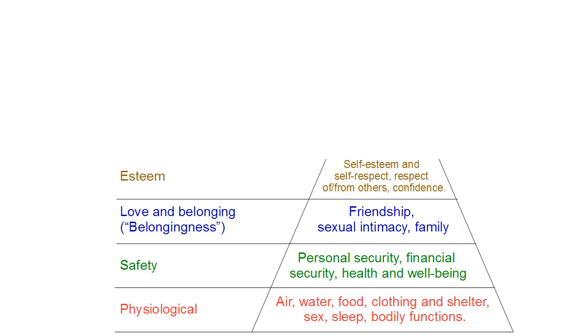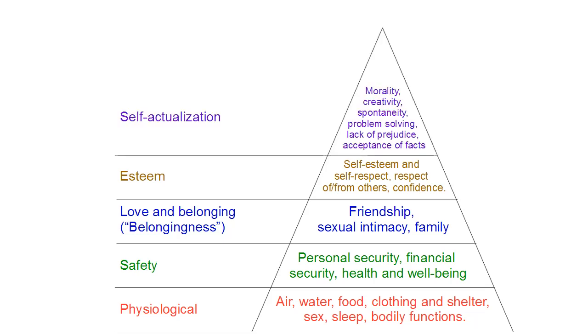This covers things like self-esteem, self-respect, respect from others, and confidence. These are the things that will actually alter your mindset, to make you feel good, to make you appear good to others. And these are things that everybody needs to make themselves more mentally happy.